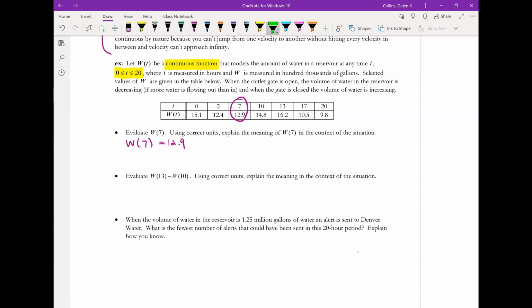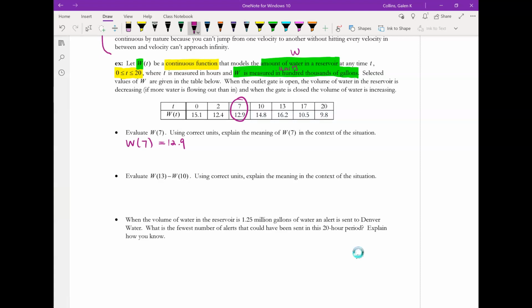Well, we said that w is represented in the units of hundreds of thousands of gallons. And we said the function w of t models the amount of water in the reservoir at any time t. So w is the amount of water in the reservoir, and the units are these hundred thousands of gallons.